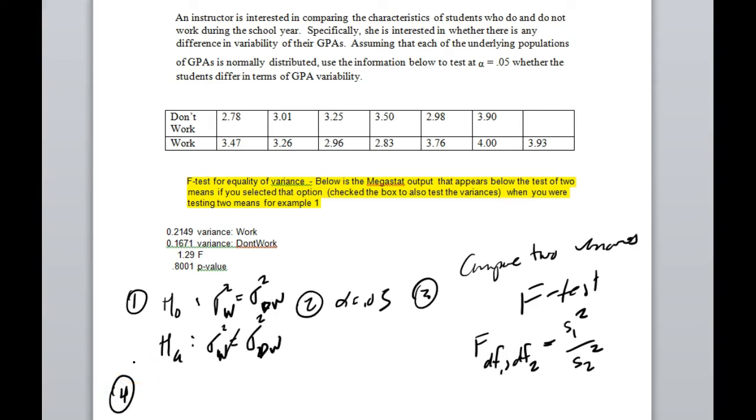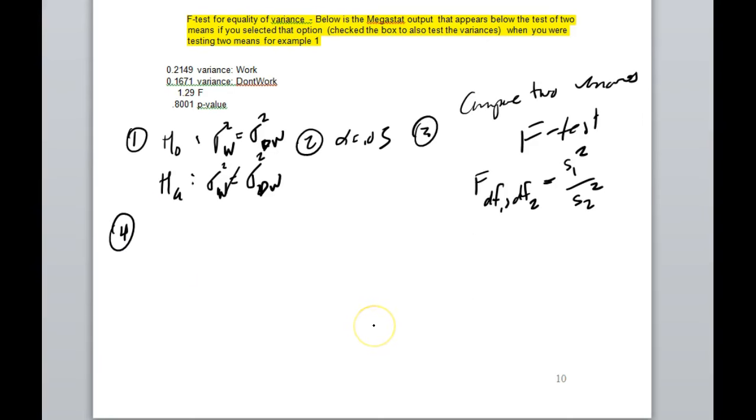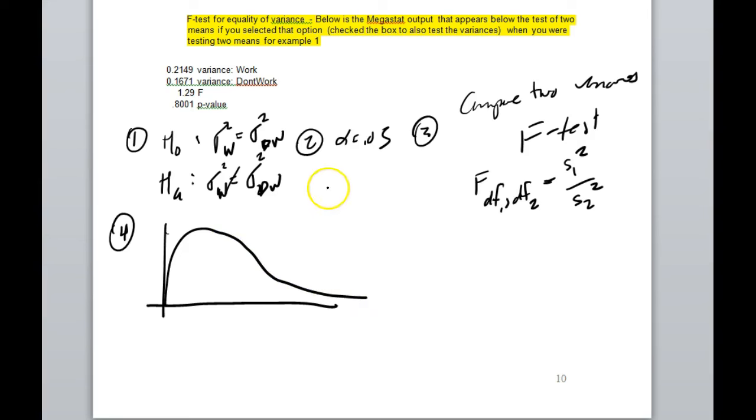All right. So number 4 is we're going to establish the rejection region. When you get a chance to bop on over to the table, you'll see that the table looks very much like the chi-squared table. It's not at all like a normal table. So let's establish our rejection region. Because we have an alpha level of 0.05, we're going to have a rejection region of 0.05 right here.